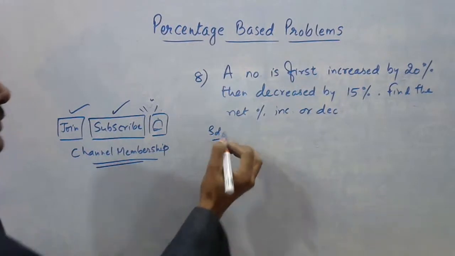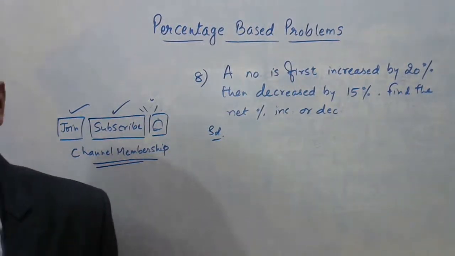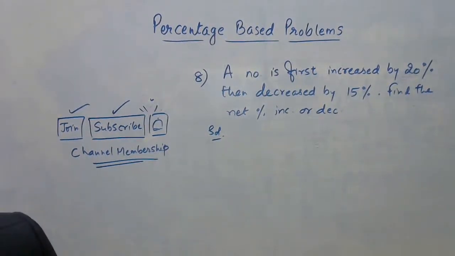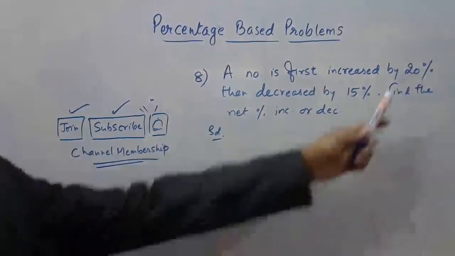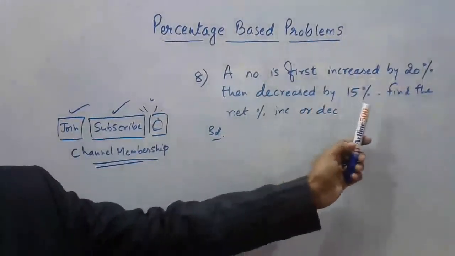Okay, a question of short trick, and if you know the short trick for this, it is going to be very, very easy. So the number is first increased and then decreased. So let's see who gets this one correct. I need the percentage increase or decrease in the number when it is first increased by 20% and then decreased by 15%.